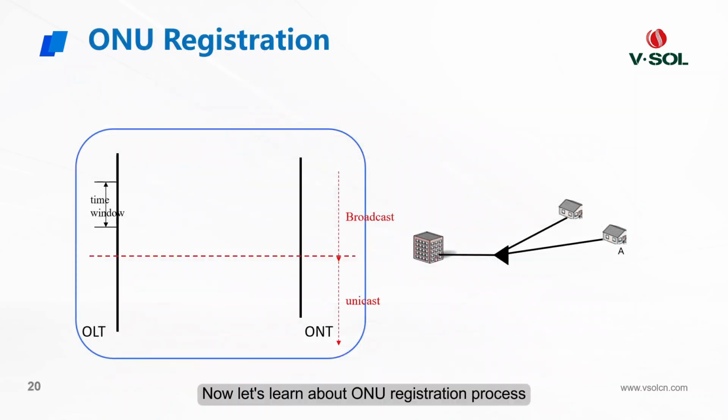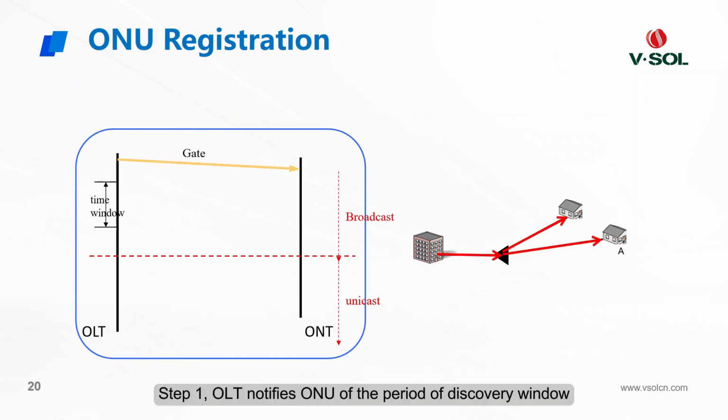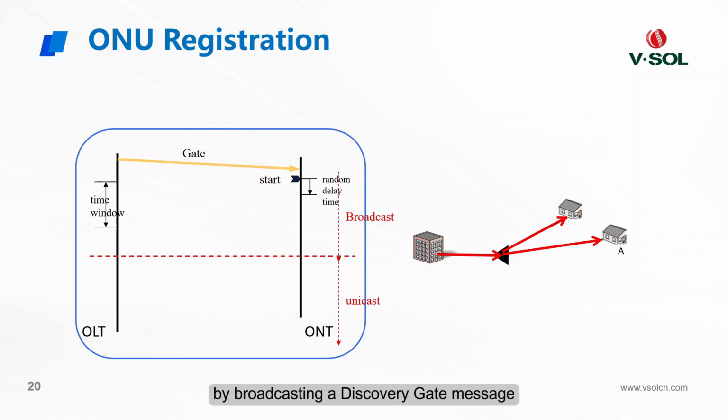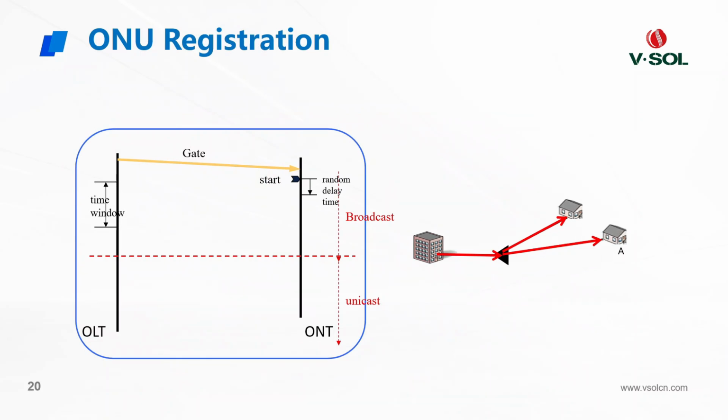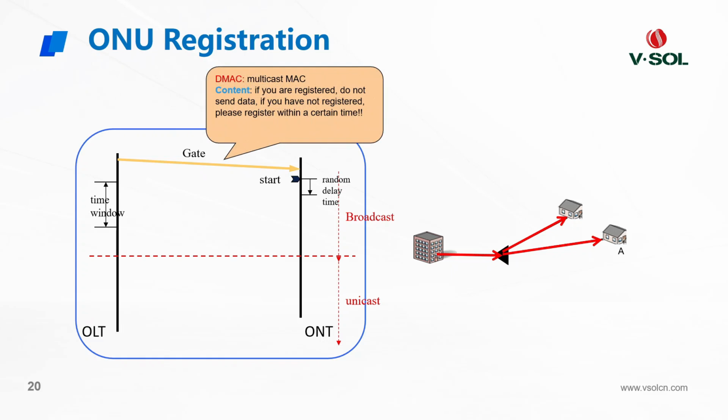Now, let's learn about ONU registration process. Step 1. OLT notifies ONU of the period of discovery window by broadcasting a discovery gate message. From this message, we can see the destination MAC is a multicast MAC. Send to the entire ONU domain the content: if you are registered, do not send data.